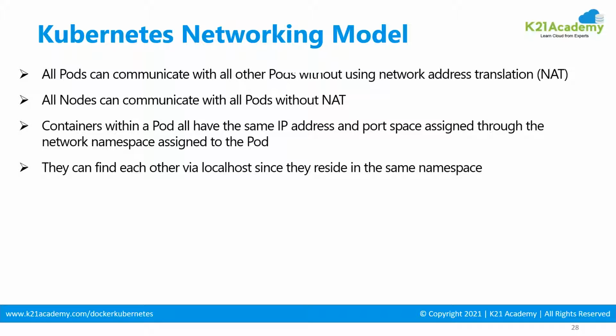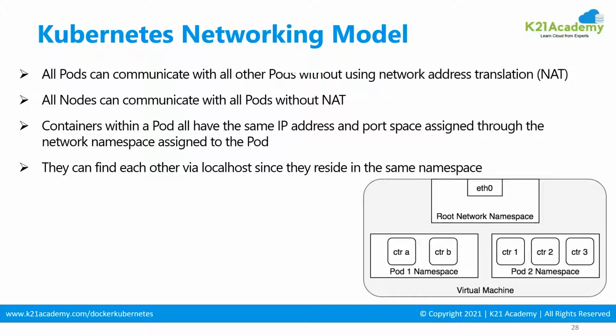In a pod, if you have multiple containers, they can use localhost because they're using the same IP address. And if the containers have different ports, they can communicate with each other on the localhost IP address, colon port number. That is the way they can talk to each other in the same pod, right? They can find each other via localhost since they reside in the same namespace.